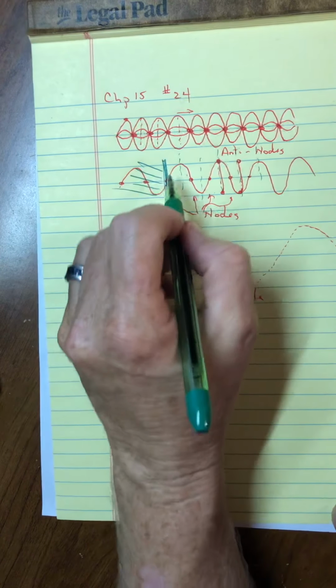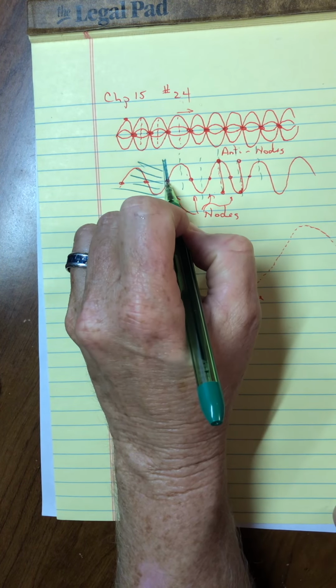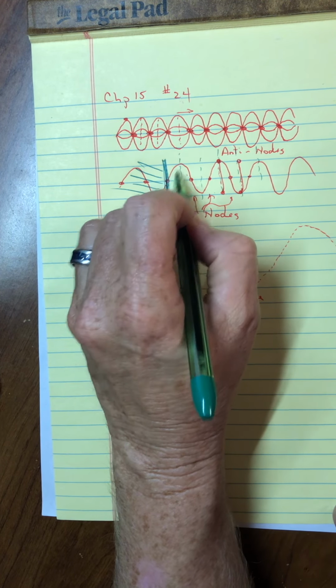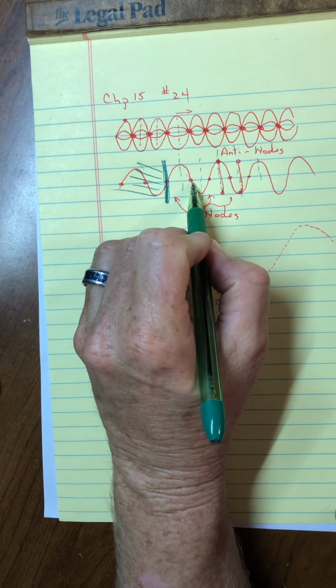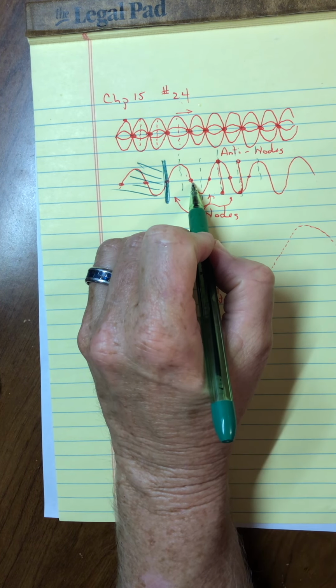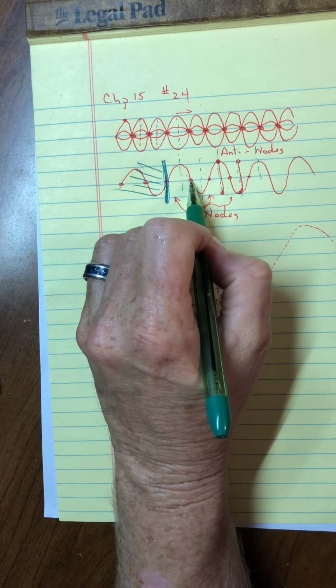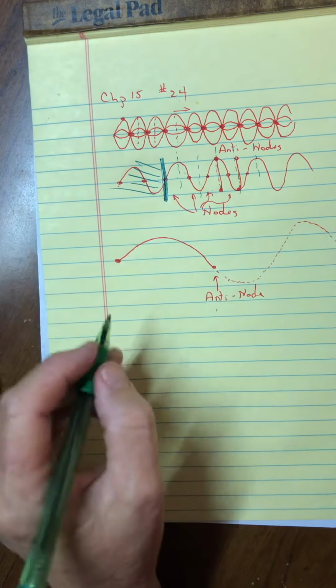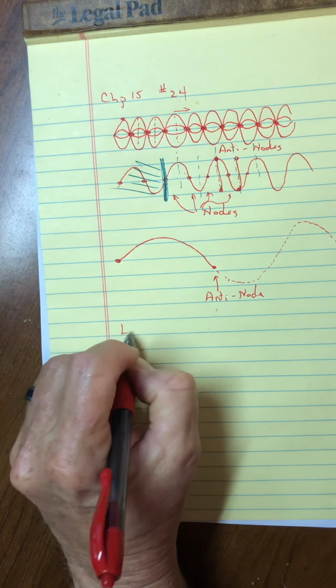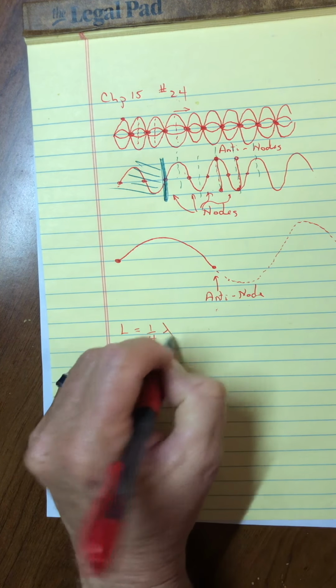Okay, so if it went from the node to what I'll call the first antinode, remembering that from a node to another node is a half wavelength, and a whole wavelength would go to here, this would be 1/4 of it. So L would have to be 1/4 of a wavelength.